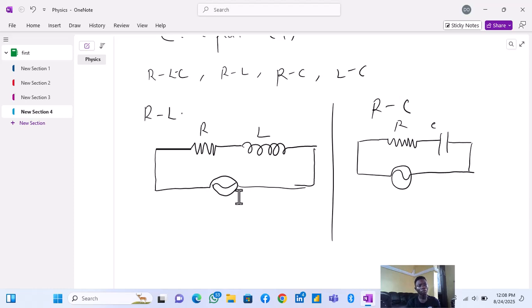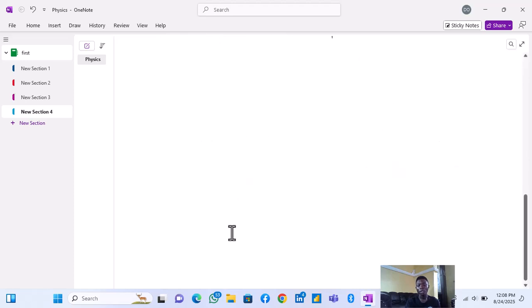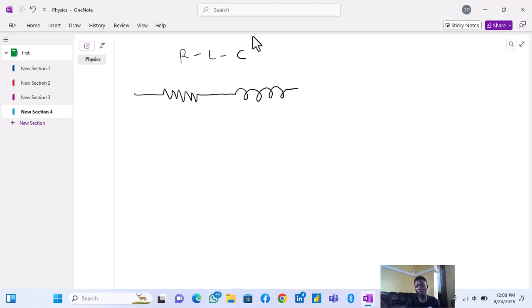Then we can also have the RLC. The RLC is the three together. That means you have the resistor, the inductor, and then the capacitor, and everything is connected to an AC source. Don't forget that they're always connected in series, as you can see.